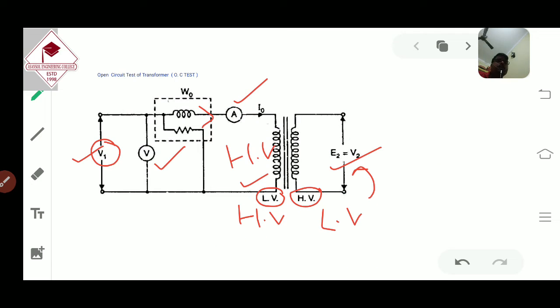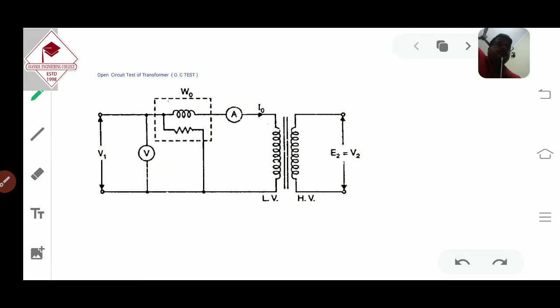So the conclusion is that if I connect high voltage winding here and keep the low voltage winding open, what will happen? The current which will flow through this ammeter will be too low to be measured, right? So it will be tough to measure this very small current flowing through this winding.